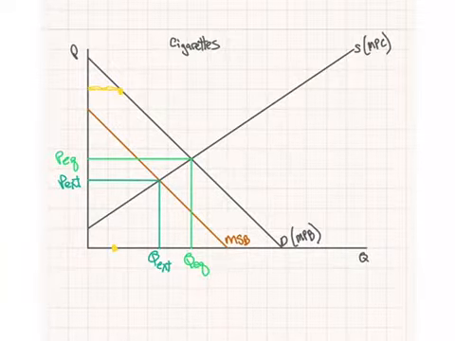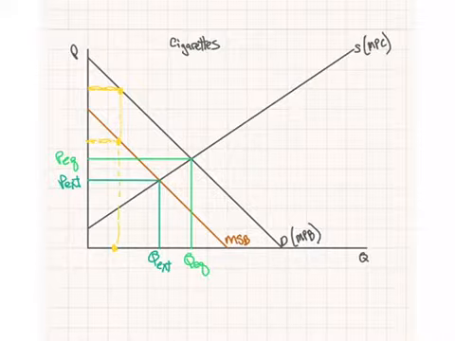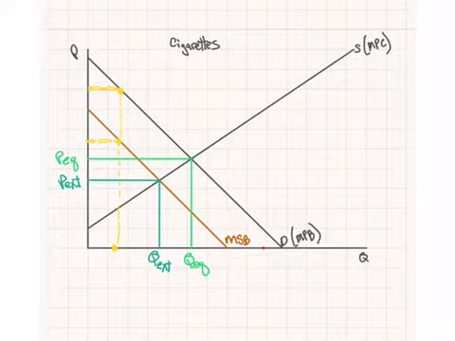But because the rest of society has to deal with the cigarette smoke, if we take their circumstances into account, the benefit is actually something less than that. Society only values it at this price, in other words. So what we call that is the marginal social benefit.